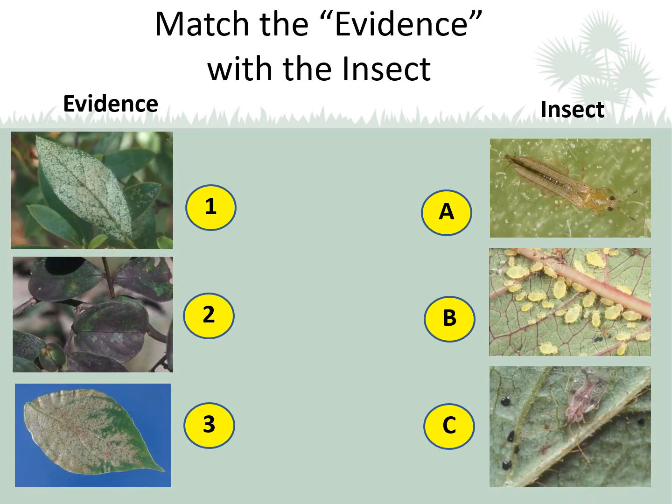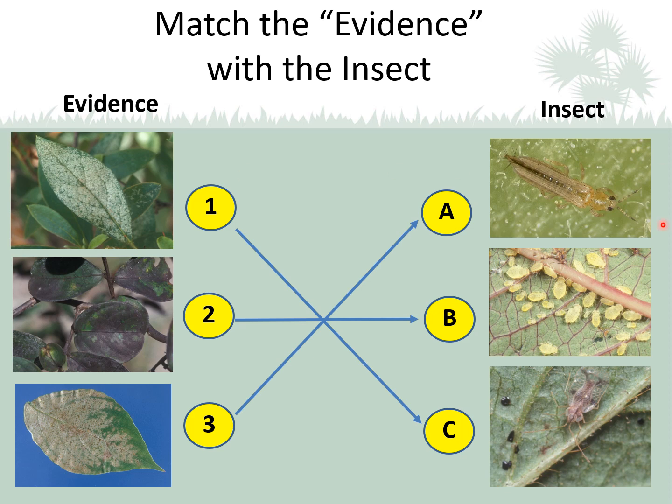Now, evidence with the insect. So here's the evidence, different kinds of damage, and here are the different insects. Which insect caused which damage? Looks like sooty mold. Stippling, could this be the skeletonizing? Or let's look.